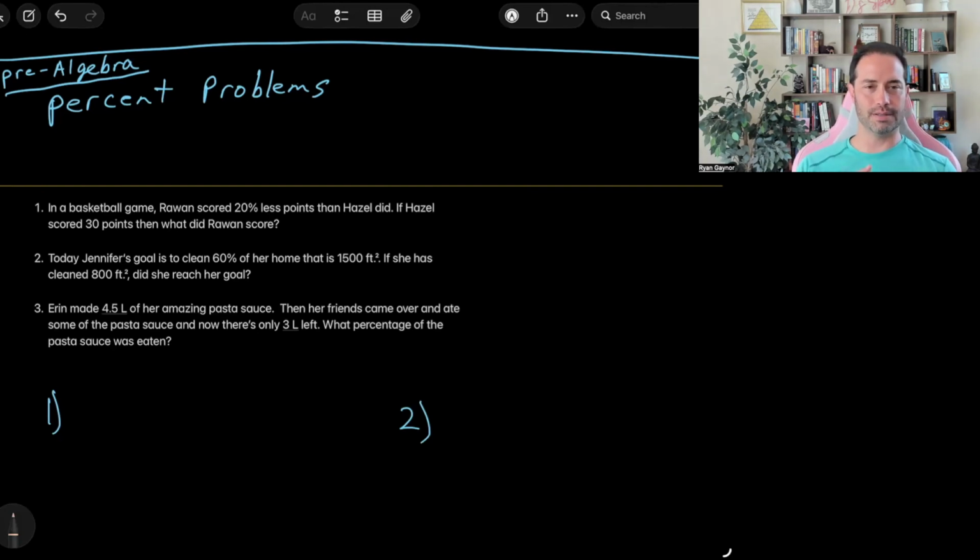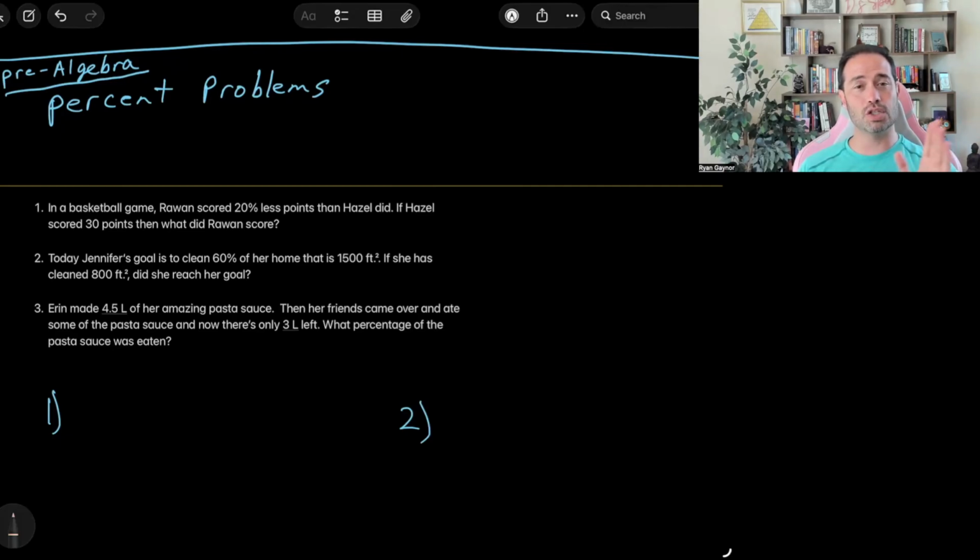Okay, so here's how we tackle this. The first question I'm going to ask you is, what does 20% less actually mean? I'm going to give you a moment to think about it. Okay, 20% less actually means you always take the original, which is always the most famous percentage, the 100%, and we subtract 20%.